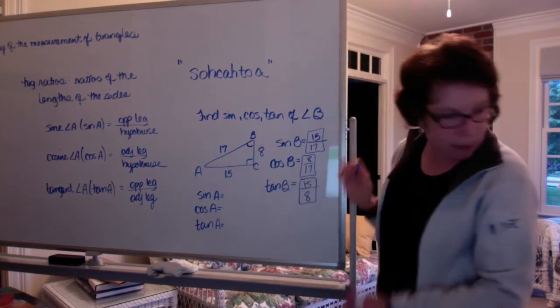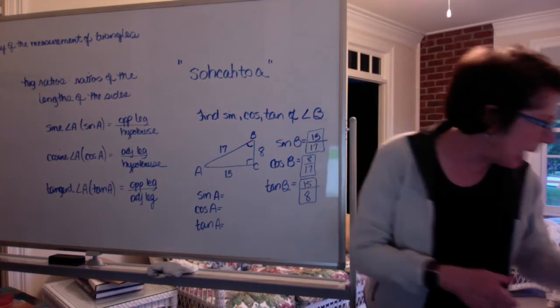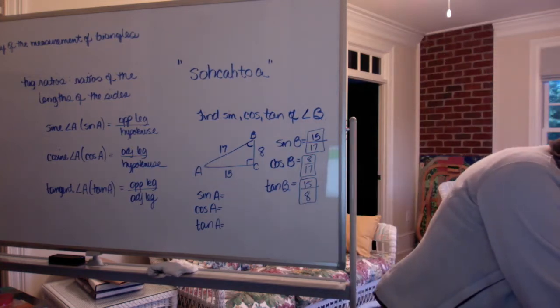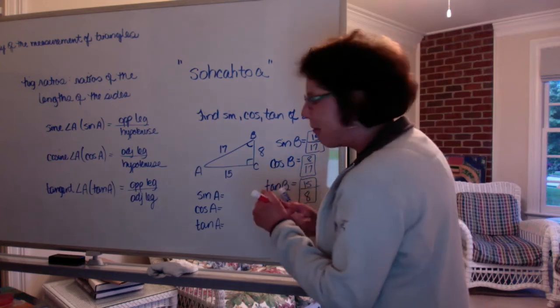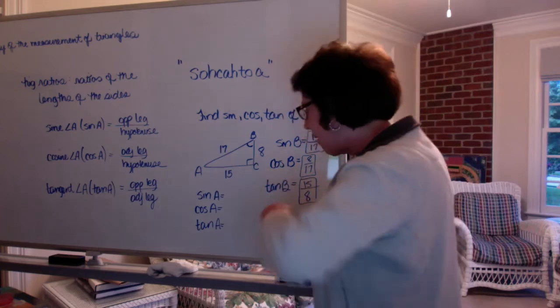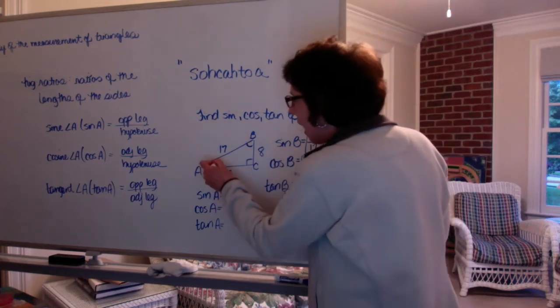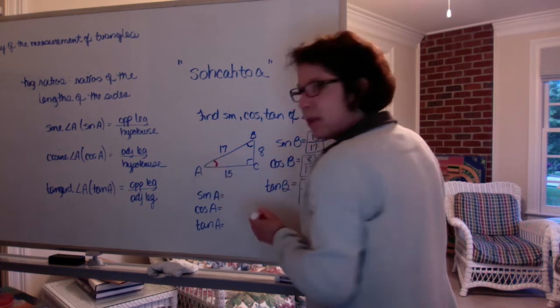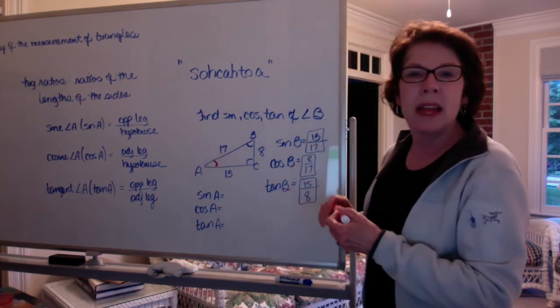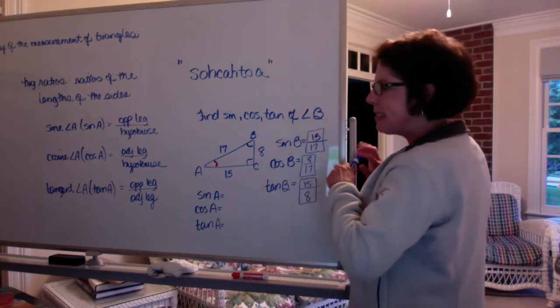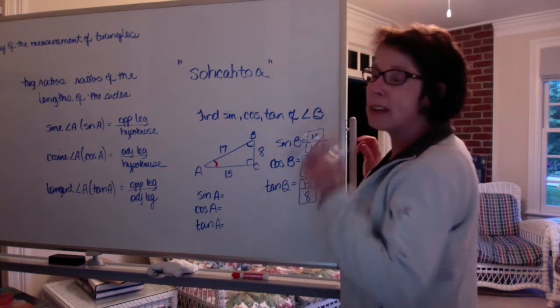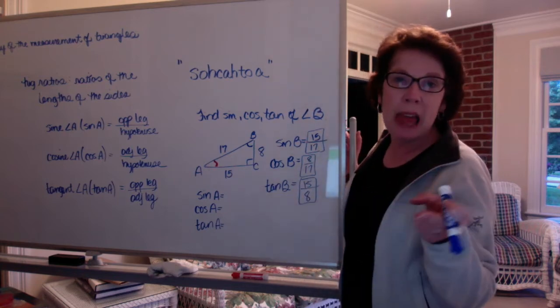Now, let's switch it up a little bit. Let me go ahead and get a red marker. Let's go ahead and find the sine of angle A. So let me mark angle A right there with the red marker. Now, the sine of angle A. Well, it's going to be different from the sine of angle B because we're actually going to be switching the legs, okay?